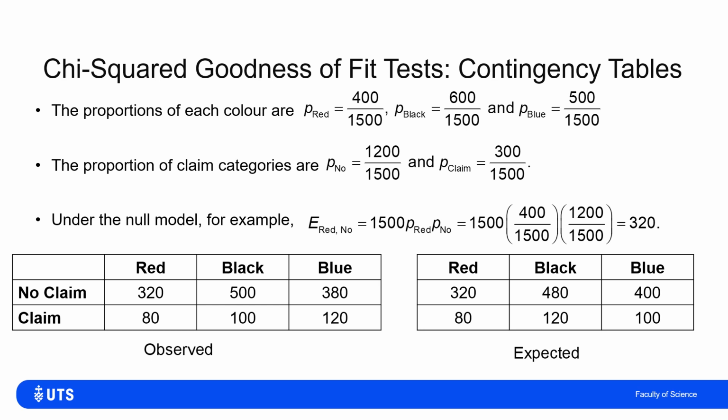Well, if I look at the red column, the number in the red column is exactly what I would expect under the null, but I had a few more claims amongst black cars than I would expect if they were independent, and a few fewer claims amongst blue cars than I would expect if they're independent. But are those differences enough to reject the null?